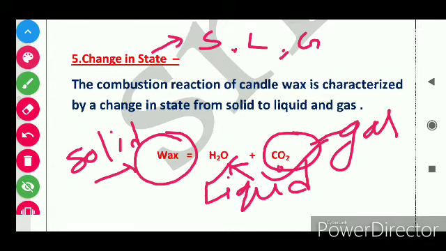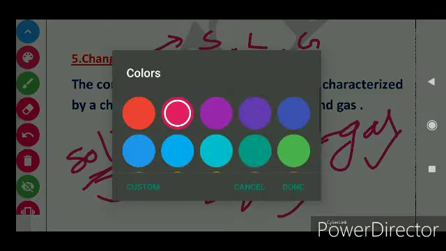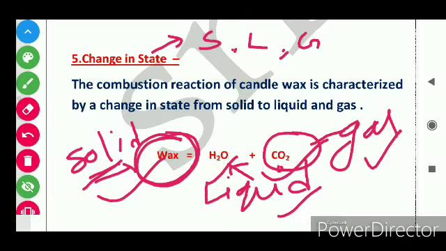This means that during the combustion of the wax, the physical state changes from solid into liquid and gas. Thus, the combustion reaction of candle wax is characterized by a change in state from solid to liquid and gas.